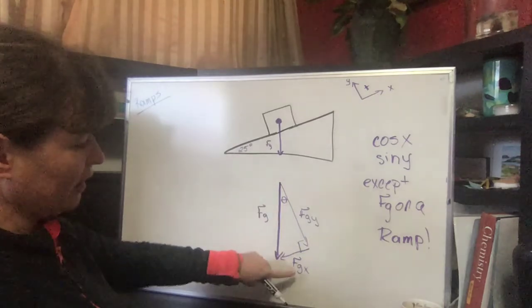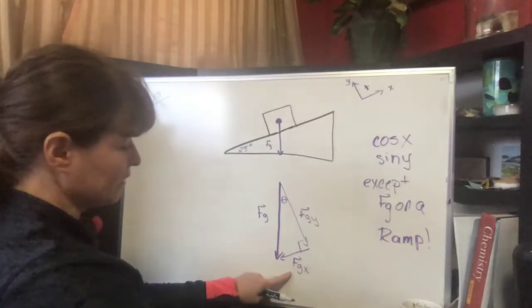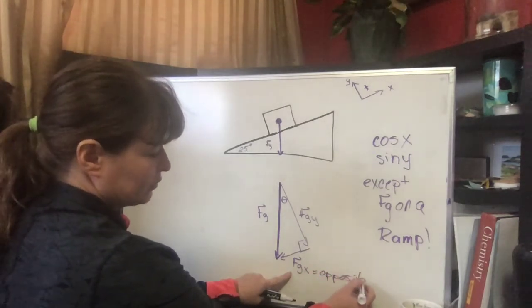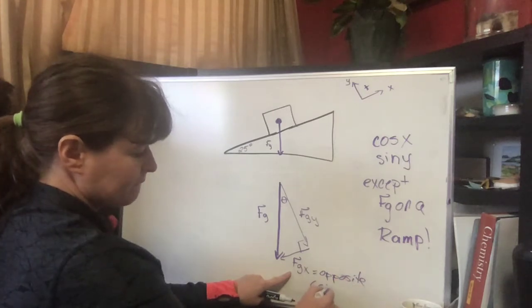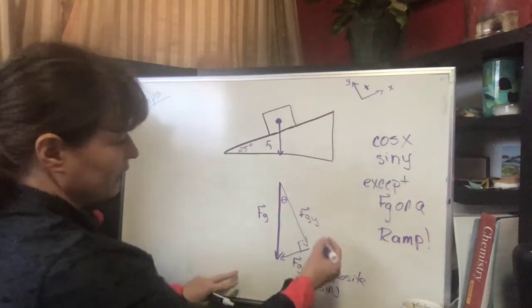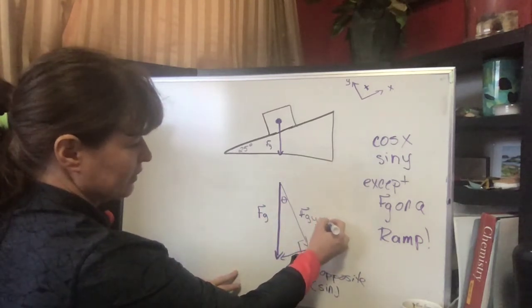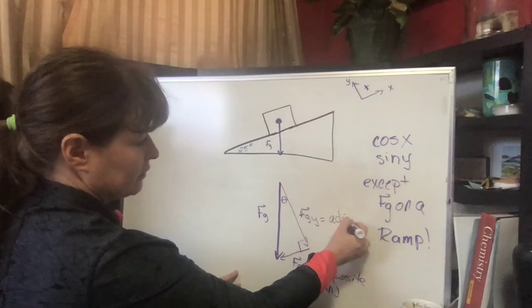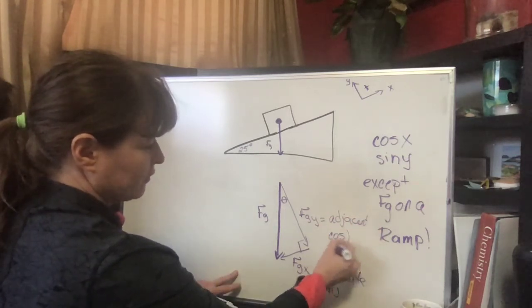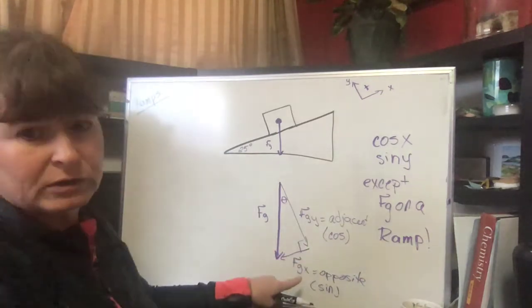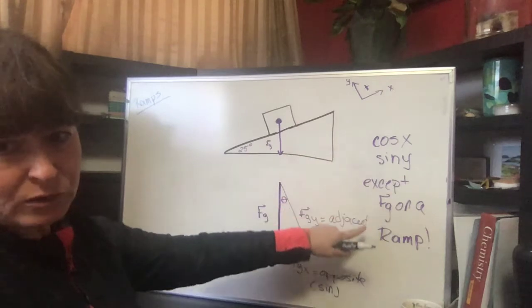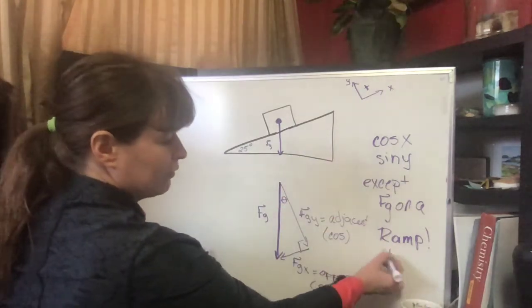Then our x component is going to be the opposite side. So if this is our opposite side, we'll be using sine. And here between the angle and the right angle corner, that means that this is our adjacent. So we'll be using cos to find that component. Okay, so cos is always x, sine is always y, except force of gravity on a ramp where we flip them.